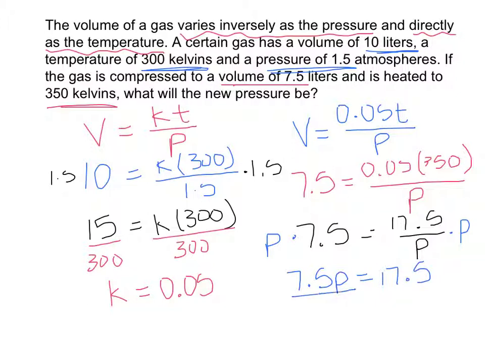And now we can just divide. Divide by 7.5 and divide by 7.5. When you do this in your calculator, you're going to get a pressure that is 2.3 repeating. But remember what 0.3 repeating really means. It means a third. So our pressure for this new situation is 2 1/3 atmospheres.